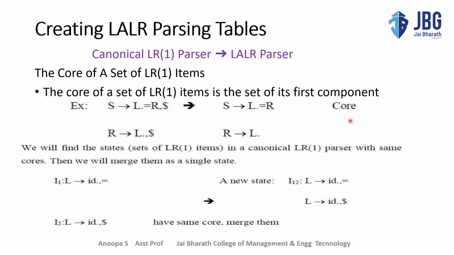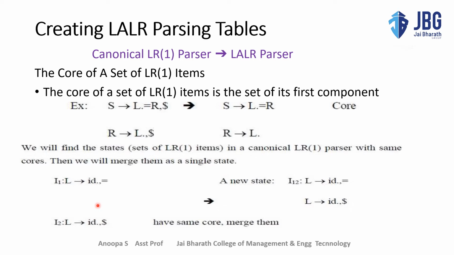First we have to find the states which have a similar core. Here, set I1 has L giving ID dot, comma, equal to, so the look-ahead symbol is equal to. Now we have another state I2 with L giving ID dot, comma, dollar, so here the look-ahead symbol is dollar. When we take the core, both have the same core.